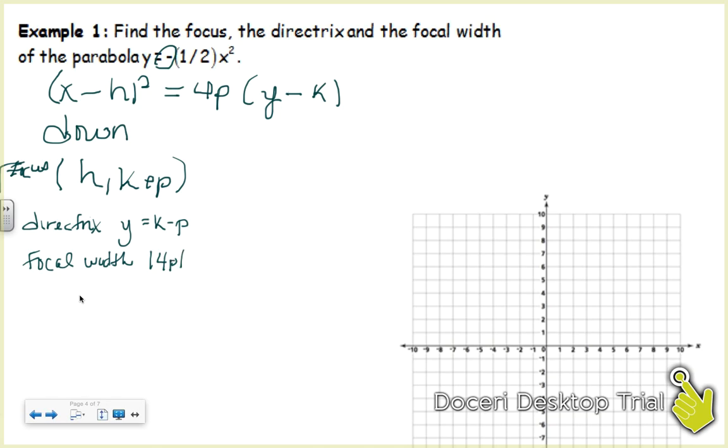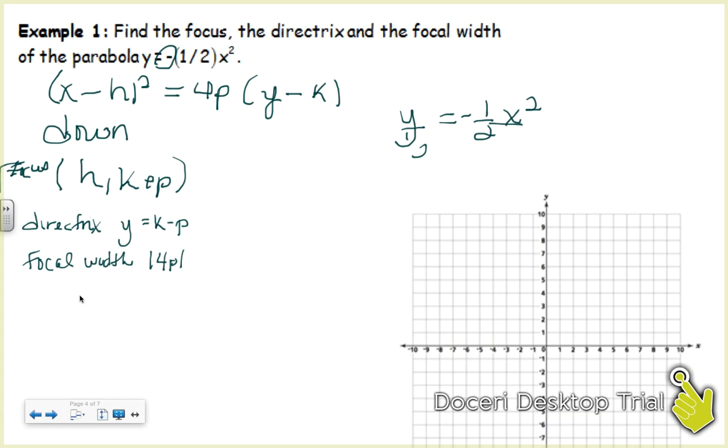Okay, the first part is that we are going to get this into the standard form. Currently, the x squared part doesn't have a number in front of it, but right now we do. Whenever I have a fraction, I make the other one a fraction and do a proportion.